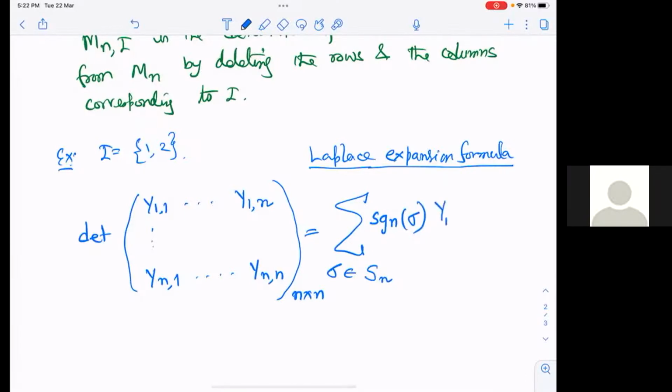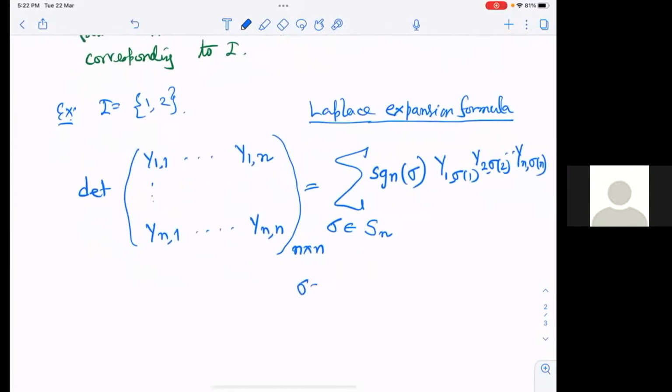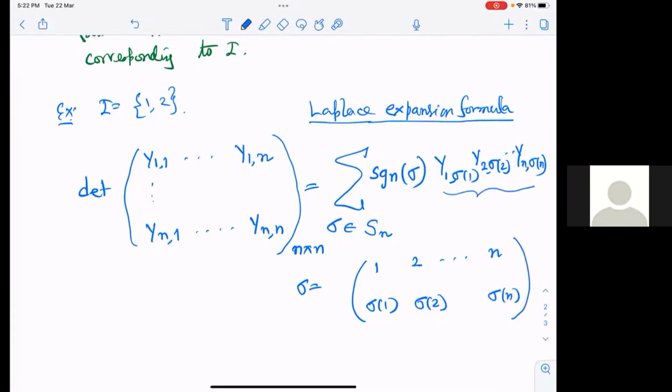So y1 sigma 1, y2 sigma 2, yn sigma n. Basically, sigma is a permutation that takes 1 to sigma 1, 2 to sigma 2, and n to sigma n. And these permutations define the monomials of the determinant.